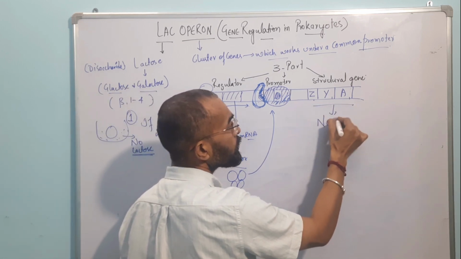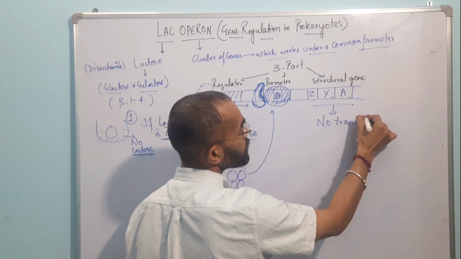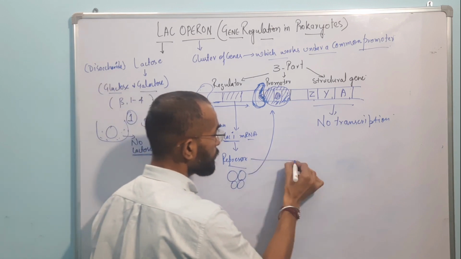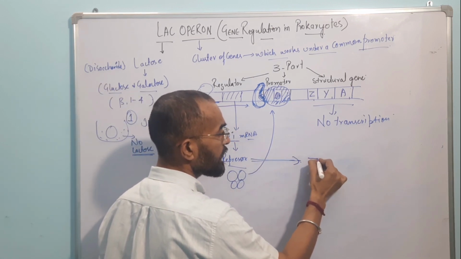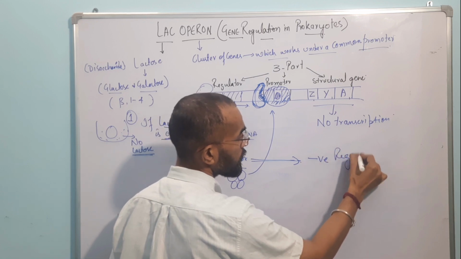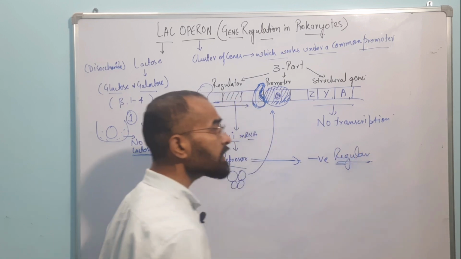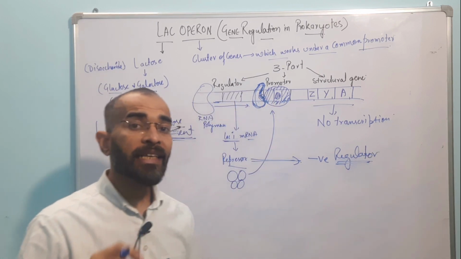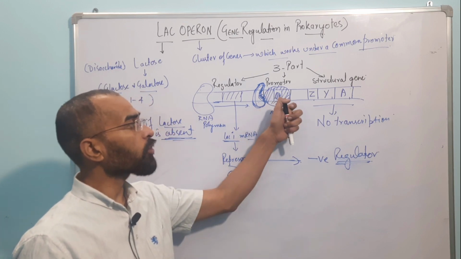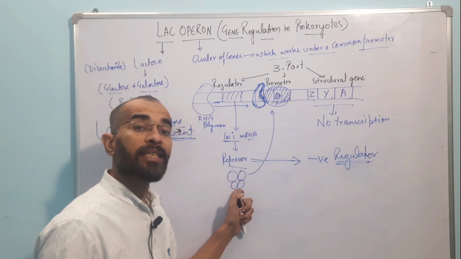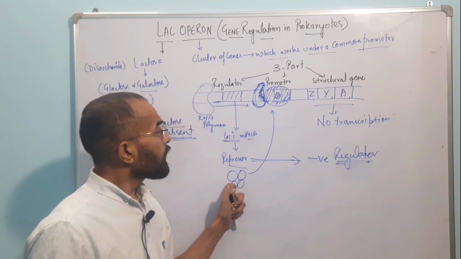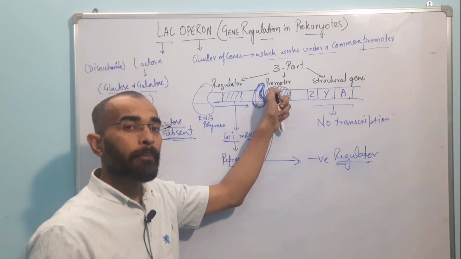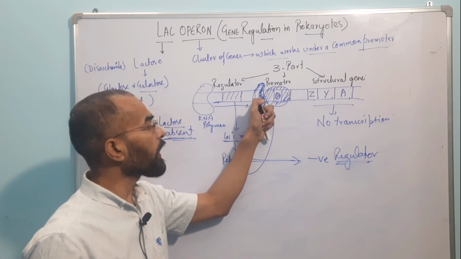So there is no transcription. Understand? So repressor here acts as negative regulator. How? Repressor acts as negative regulator of lac operon, because in the presence of repressor, it attaches with the operator of promoter, or we can say that it attaches with the promoter and blocks the pathway of RNA polymerase.